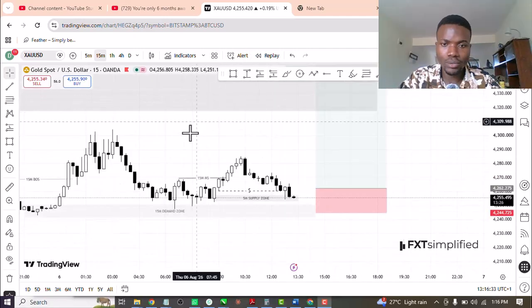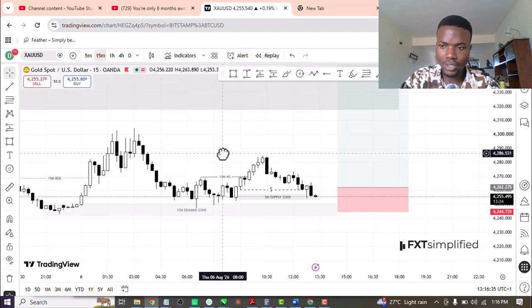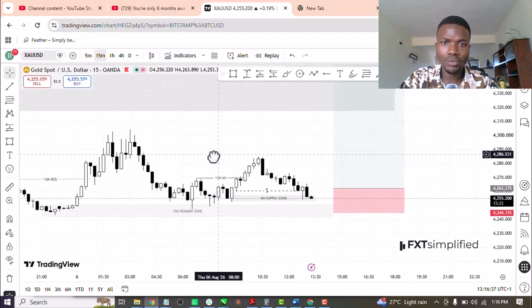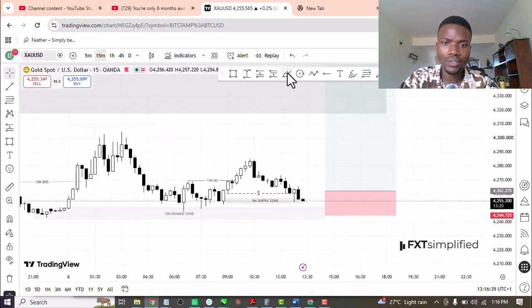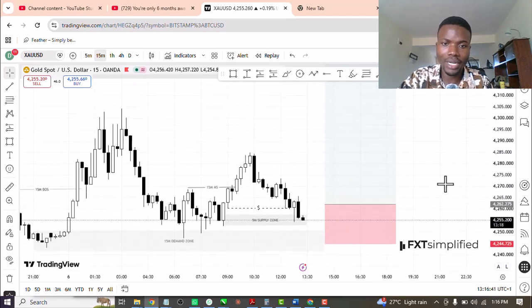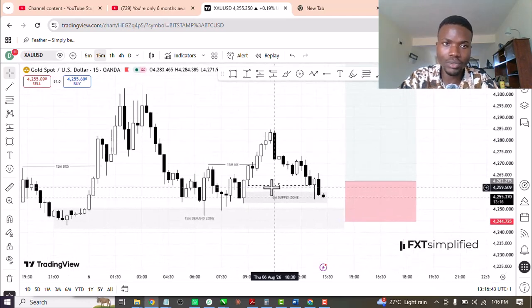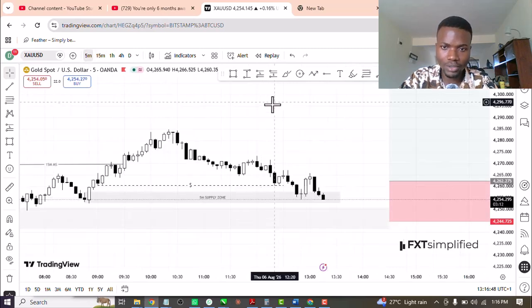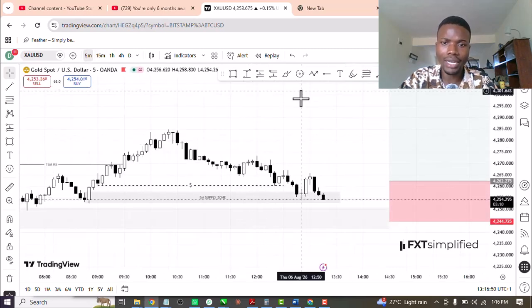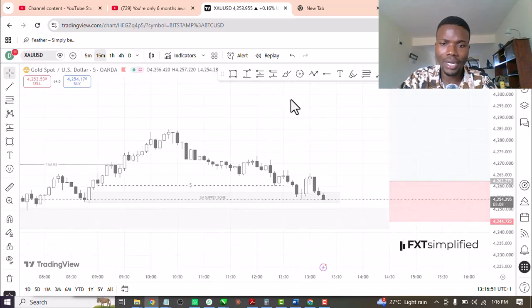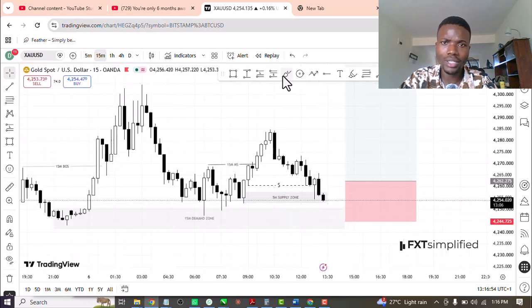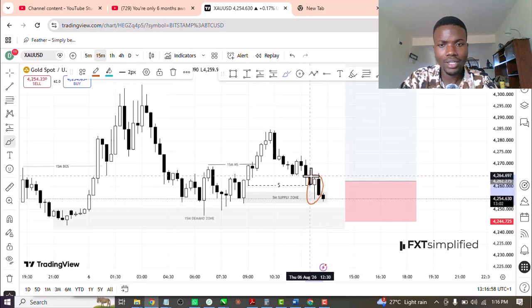All right, so I have entered this trade. The reason I entered this trade is I see that price has already swept this liquidity below here. When I say liquidity has been swept, I observed that price created this candlestick.